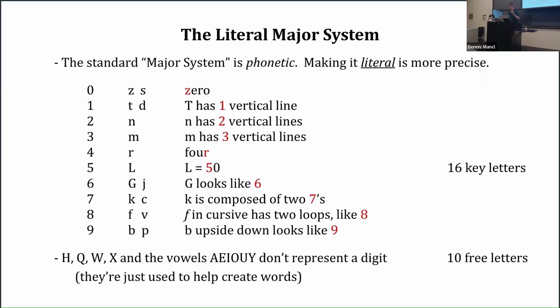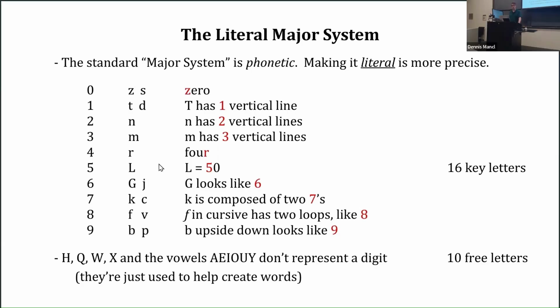The trick is you take 16 out of the 26 letters of the alphabet and assign them to represent a digit. And that can be a many-to-one mapping. So both S and Z represent 0, both T and D represent 1. And this is very clever because all the ones that have pairs sound alike. T sounds like D, and B sounds like P, and so forth.